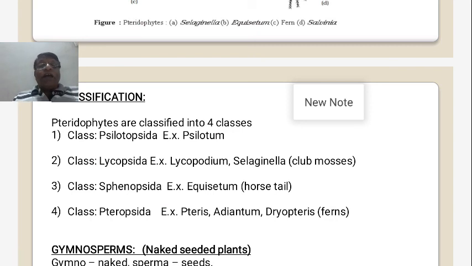One more class is there, class Sphenopsida, which includes horsetail or Equisetum. Then the last class, Pteropsida, includes highly advanced plants, ferns, Pteris, Adiantum, Dryopteris is also a fern. Okay, that's all about today's class.